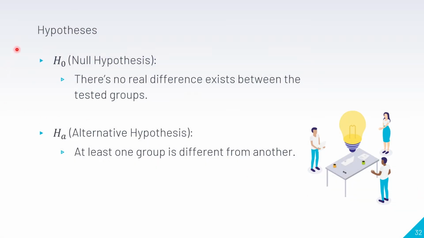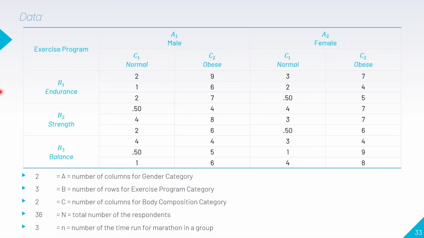Let's find our hypothesis. The null hypothesis of this study is that no real difference exists between the tested groups. The alternative hypothesis is that at least one group is different from another. So in our data, let's first find these values. Our A is 2, the number of columns for the gender category.